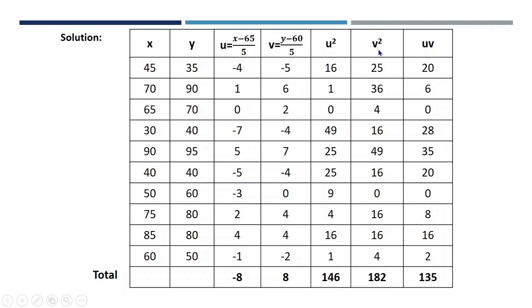This is the square of v values, and the sum of all these, sigma v square, is 182. Now multiply the u and v values, we get uv, and find the sum of all these, we get sigma uv is equal to 135.